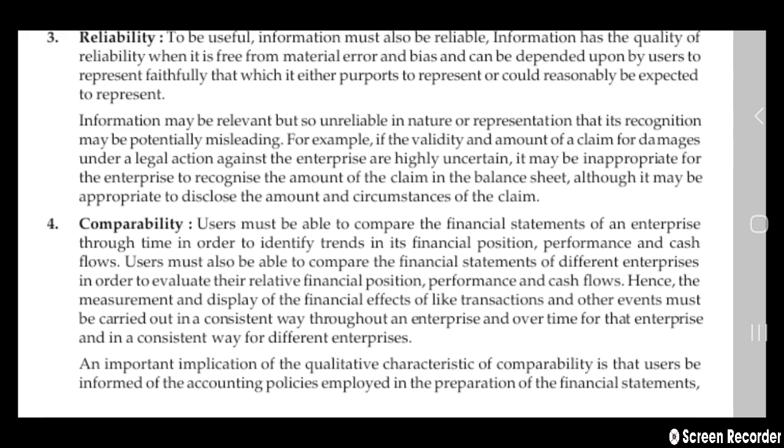So information that may be relevant but so unreliable in nature, or whose recognition may be potentially misleading, may be inappropriate. For example, if the validity and amount of a claim for damages under a legal action against the enterprise are highly uncertain, it may be inappropriate for the enterprise to recognize the amount claimed in the balance sheet.